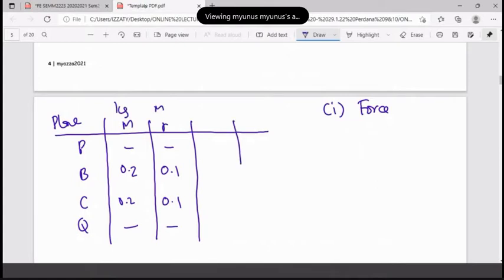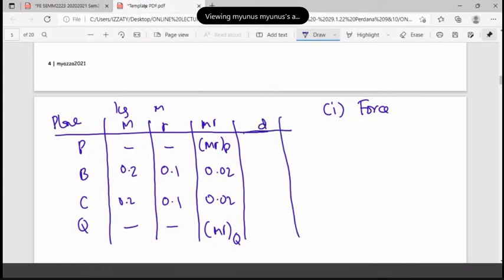The next one, this is your concern, M arm. So this one becomes M arm for P, 0.02. This one is M arm Q. Then look at the D, as we did in class and with all the examples you already did. D, pick up 1. CP will be your reference plane, becomes 0.